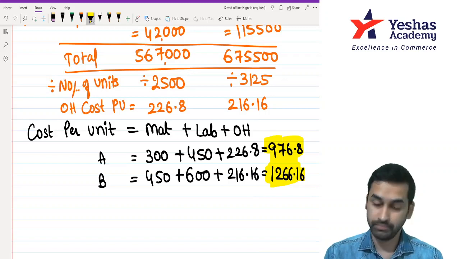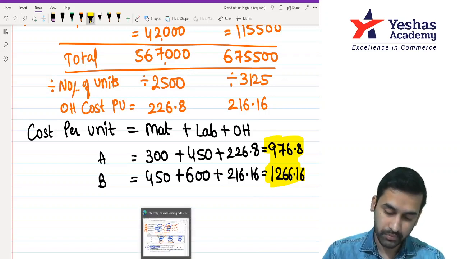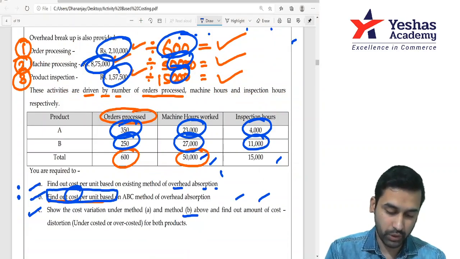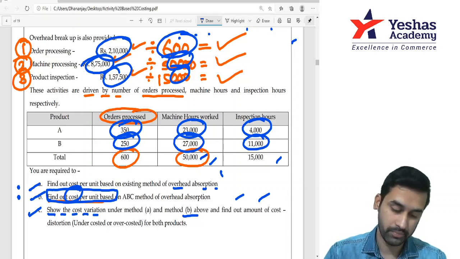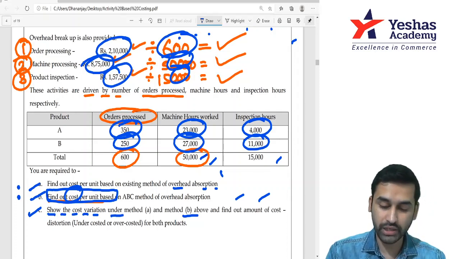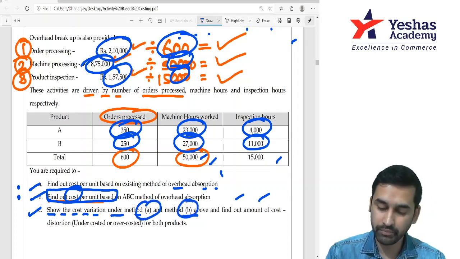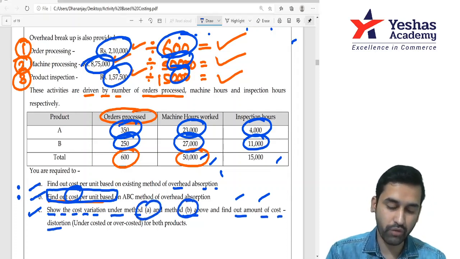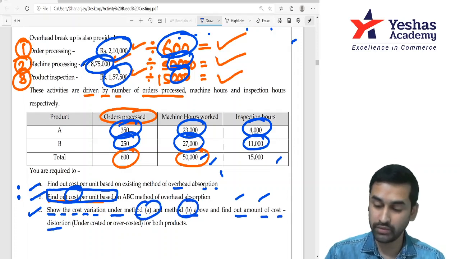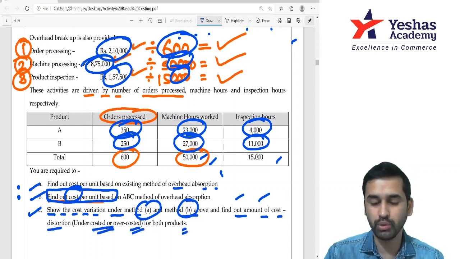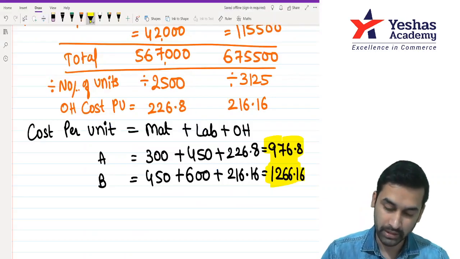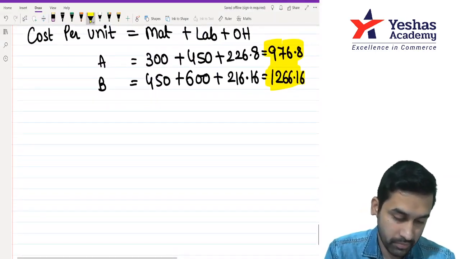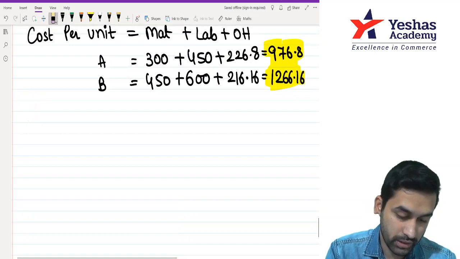All right. Now they've asked sub-question C here. Show the cost variation under method A and B. Find out the amount of cost distortion. What is the meaning of distortion? Either it is under costed or over costed for both the products. Just prepare a small table. Cost distortion.